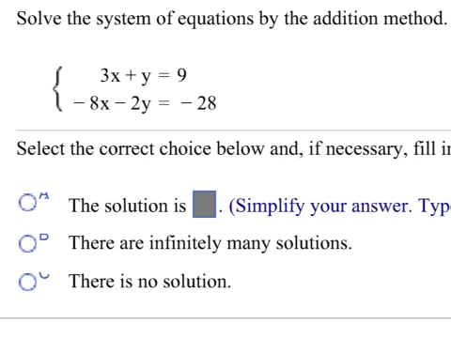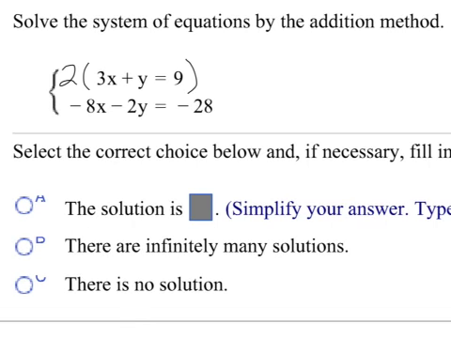So what I need to do in this one is actually multiply one of my equations by a number that will help me eliminate a variable. Now I know that 2y plus negative 2y will equal 0. So I want to multiply my first equation by the number 2.